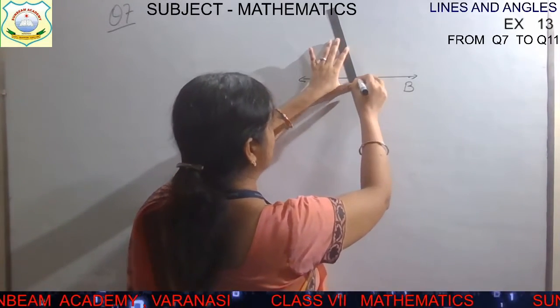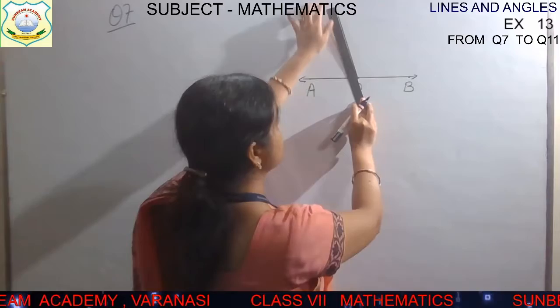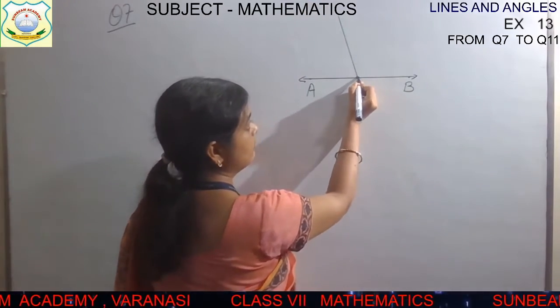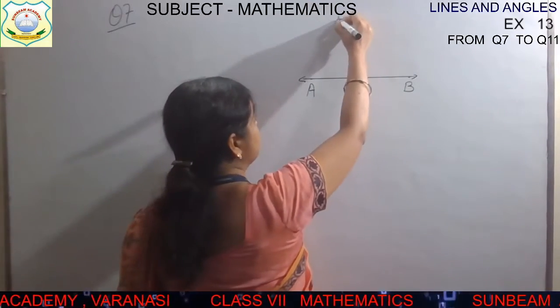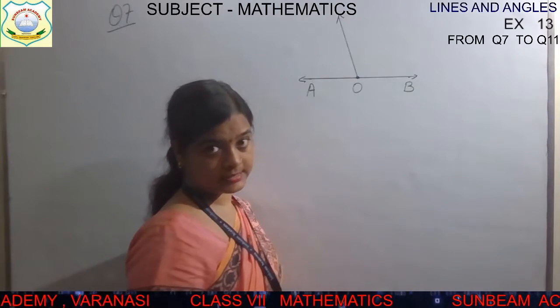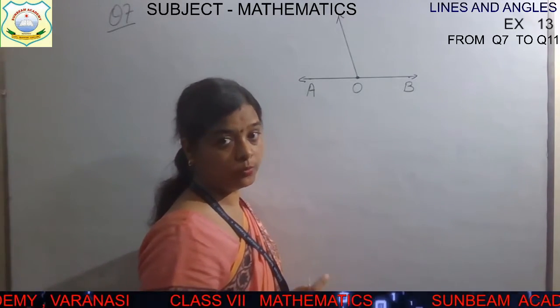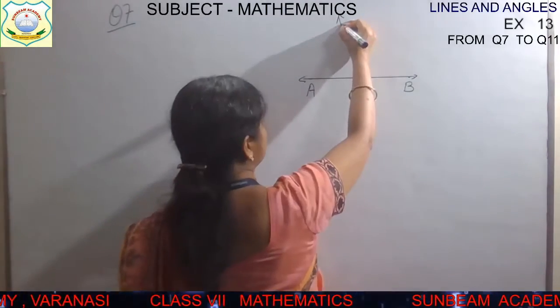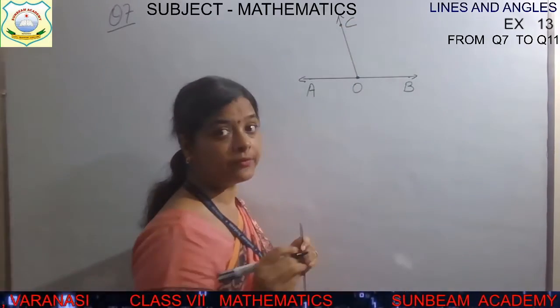This is ray OC. Why is it called a ray? Because it has one end point and the other end is endless. That's why this is OC, a ray.